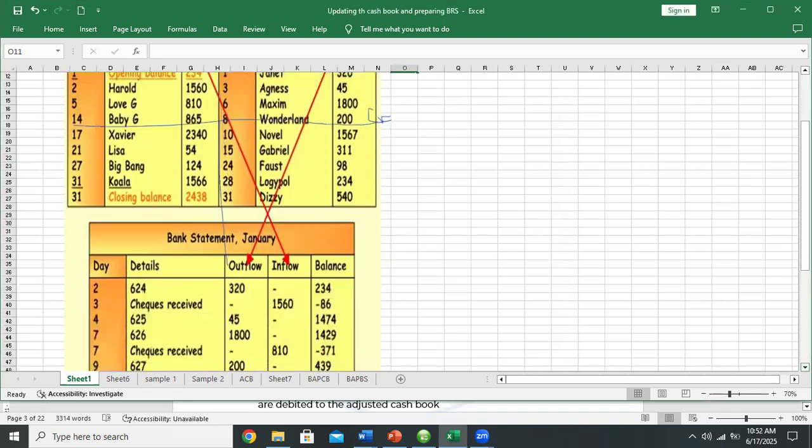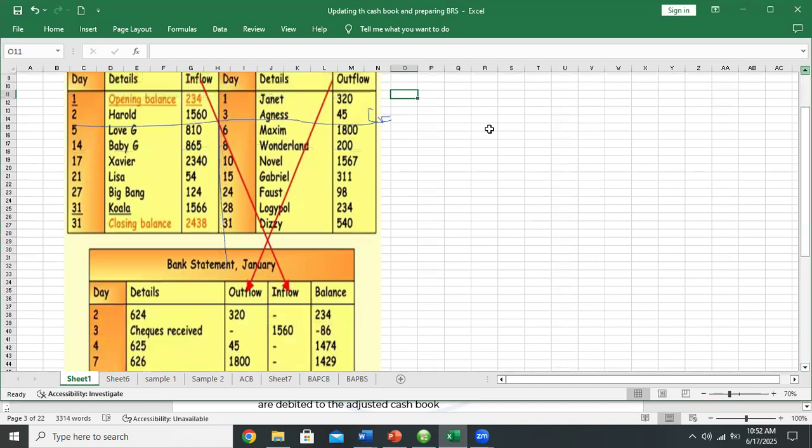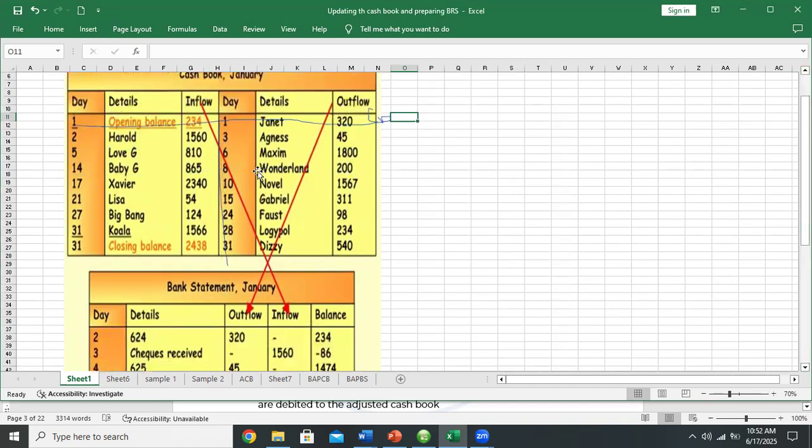So you see, the debit side of your cash book corresponds with the credit side of your bank statement. And then the credit side of your cash book corresponds with the debit side of your bank statement. So whatever you put at the credit side or payment side of your cash book should be seen at the withdrawal or debit side of your bank statement.